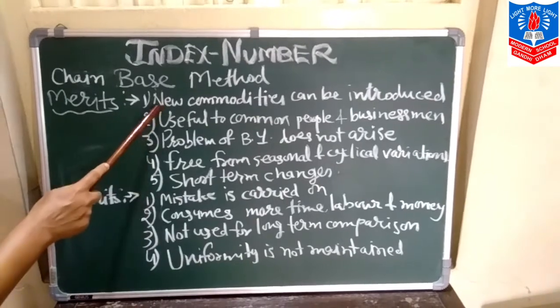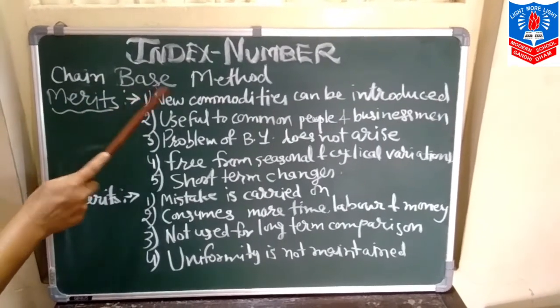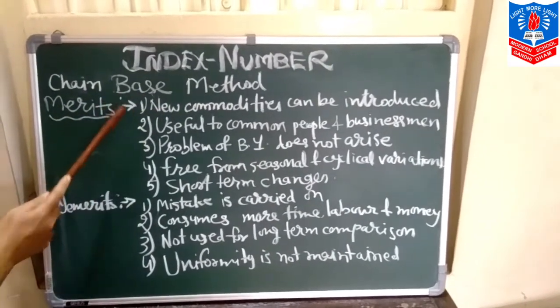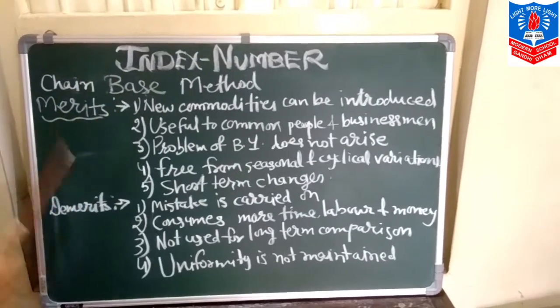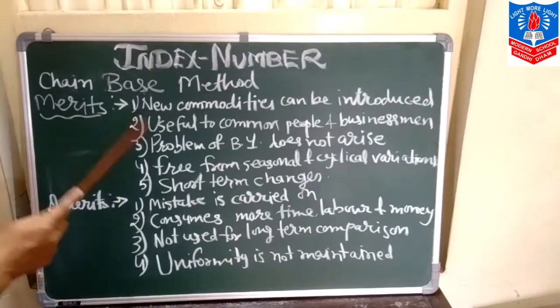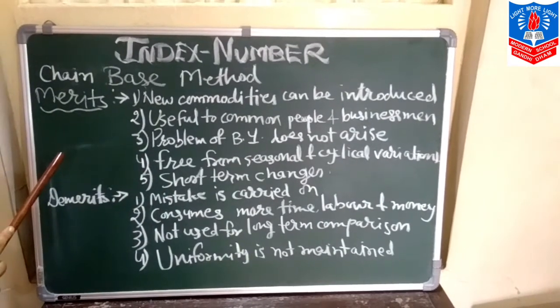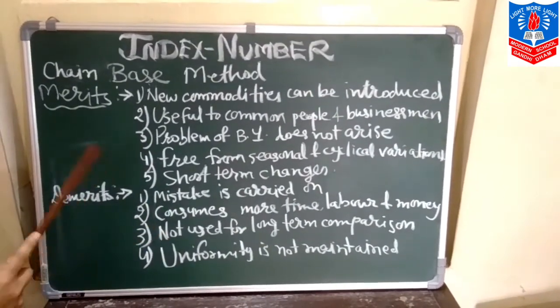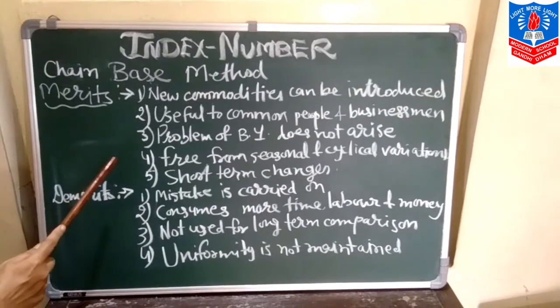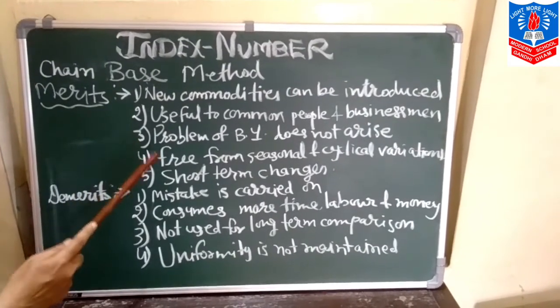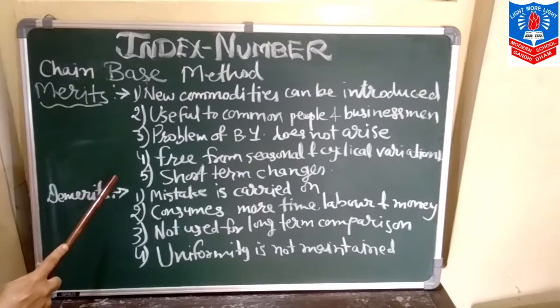So that can be introduced with the help of this chain base method. Reason? Because only the previous year is to be considered in this, and new commodities we can very easily use with 1 year before. Next, prices are compared with the prices of the immediate preceding year.